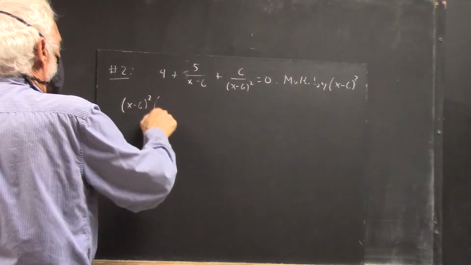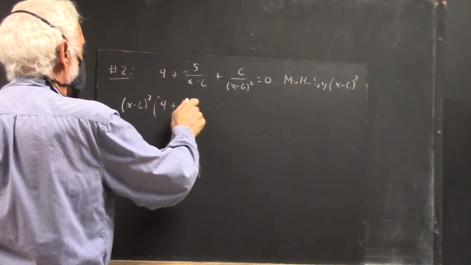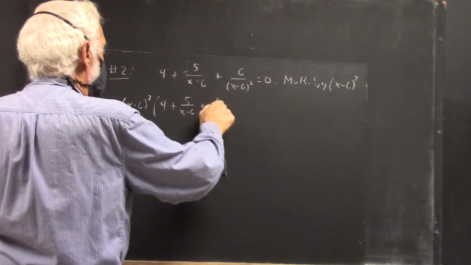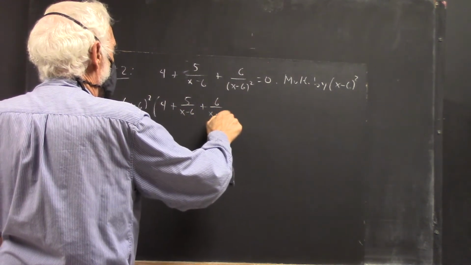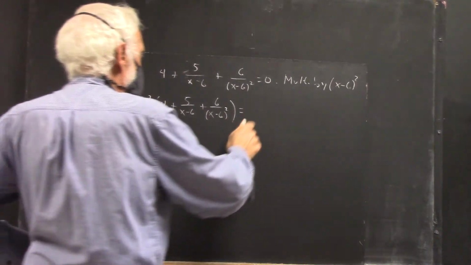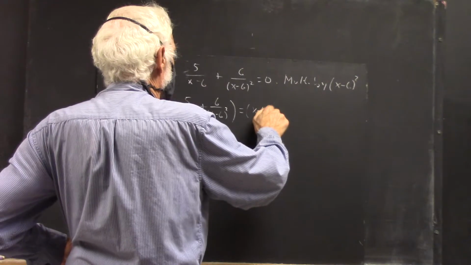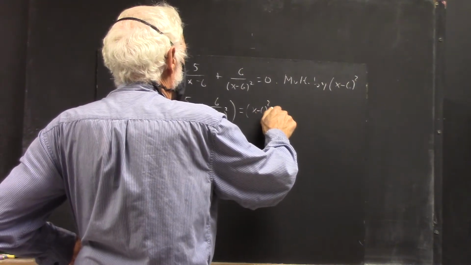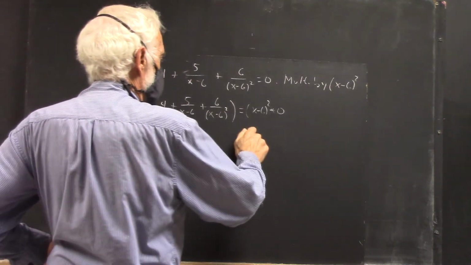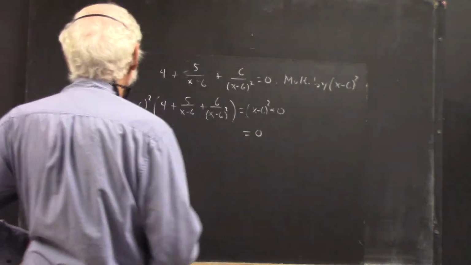We're going to have x minus 6 squared times 4 plus 5 over x minus 6 plus 6 over x minus 6 squared equals, of course, x minus 6 squared times 0. Well, x minus 6 squared times 0 is just 0.